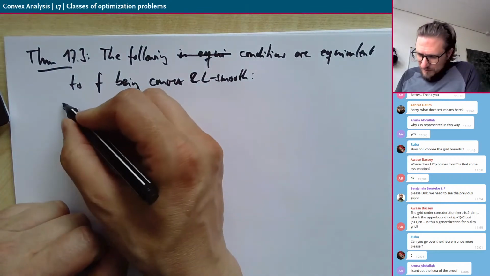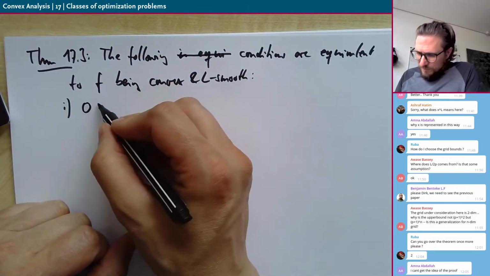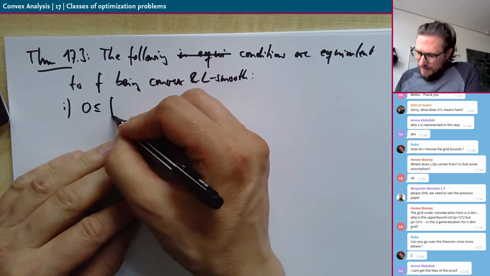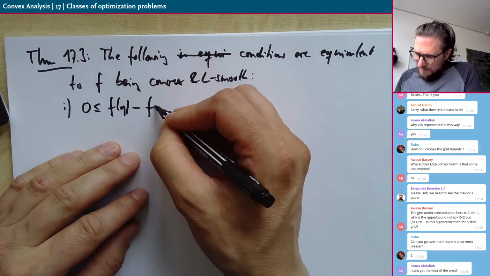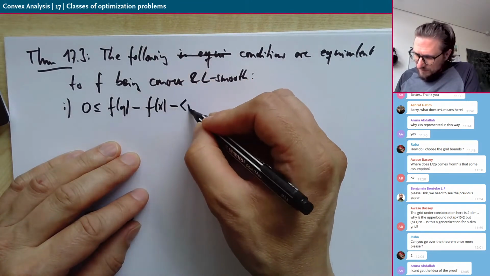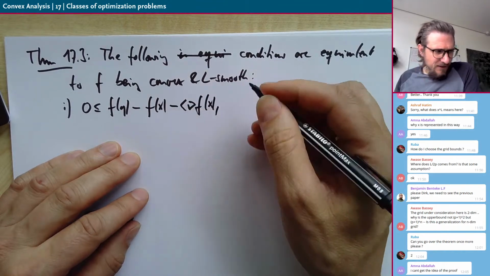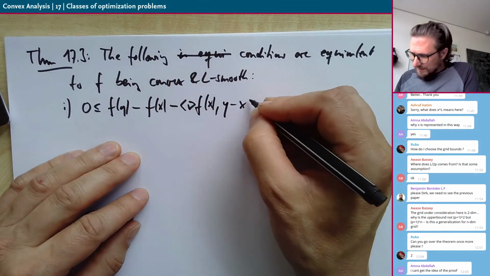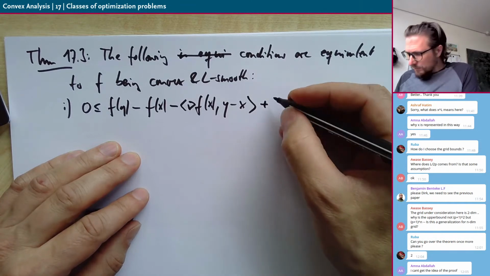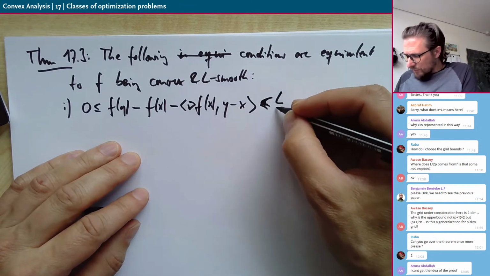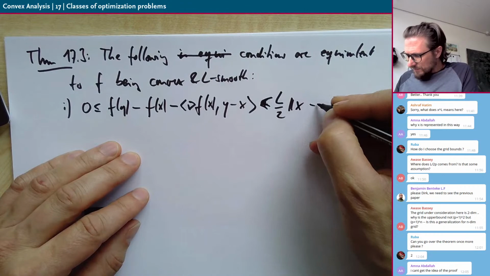The first one is: we have 0 smaller or equal than f of y minus f of x minus gradient f of x, y minus x, and this is smaller or equal than L over 2 times the norm of x minus y squared.